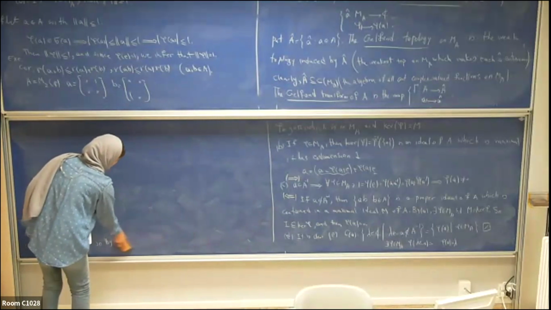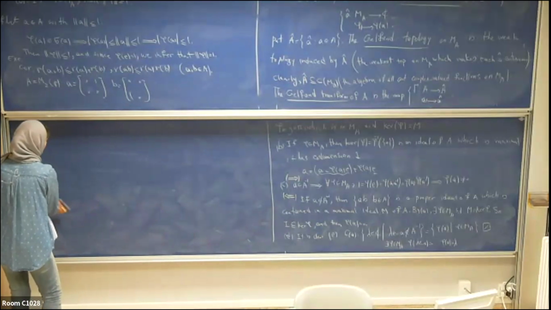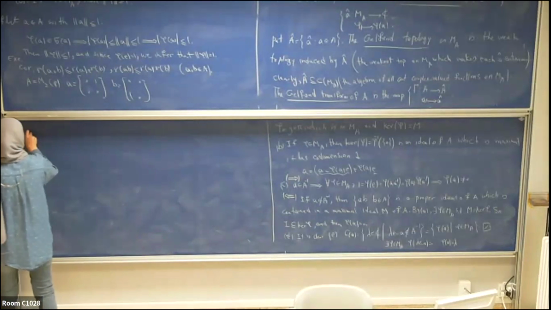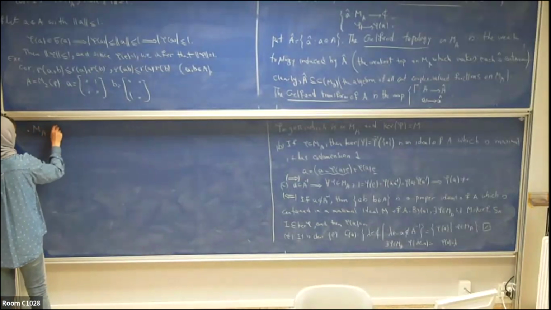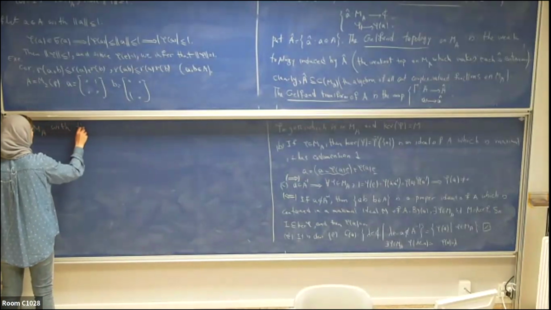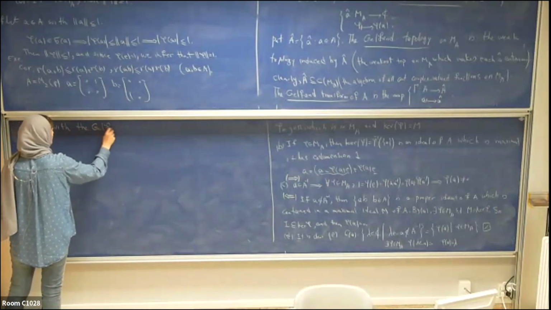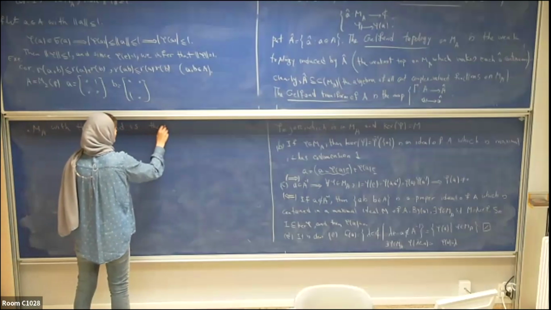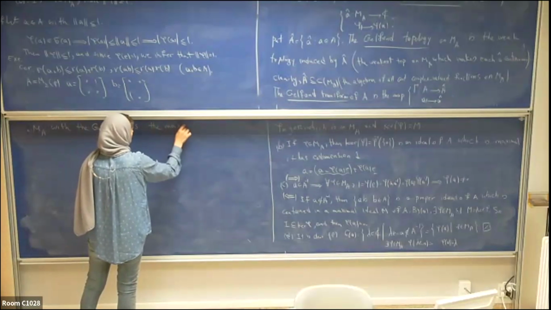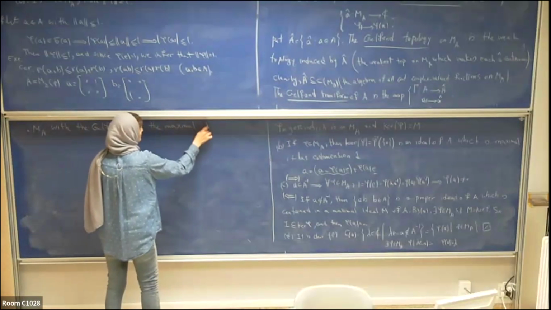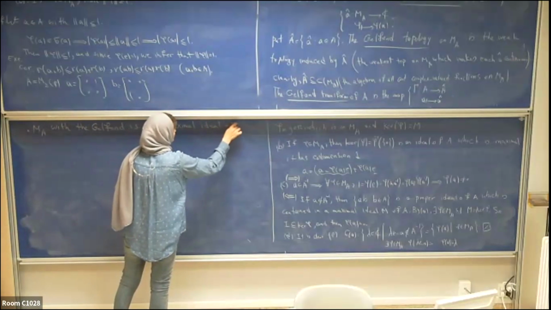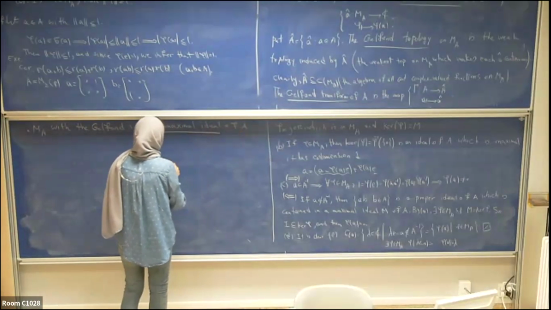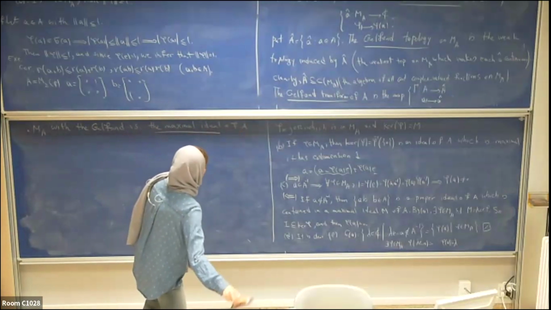I prefer to use M of A. M of A with the Gelfand topology is called the maximal ideal space of A.